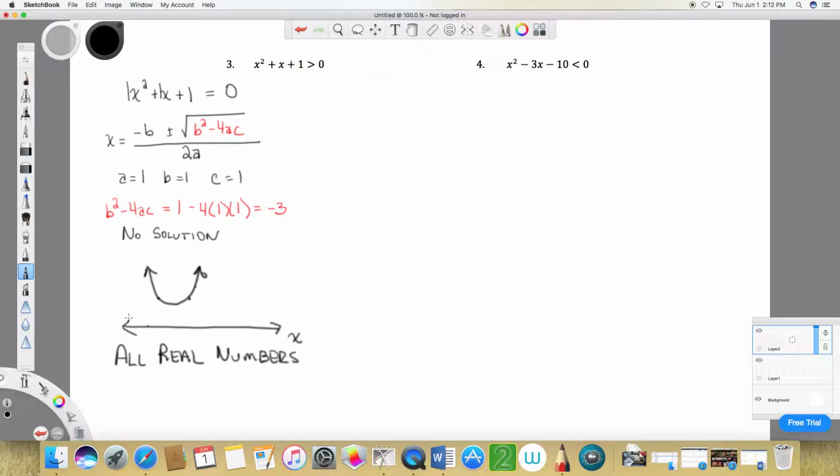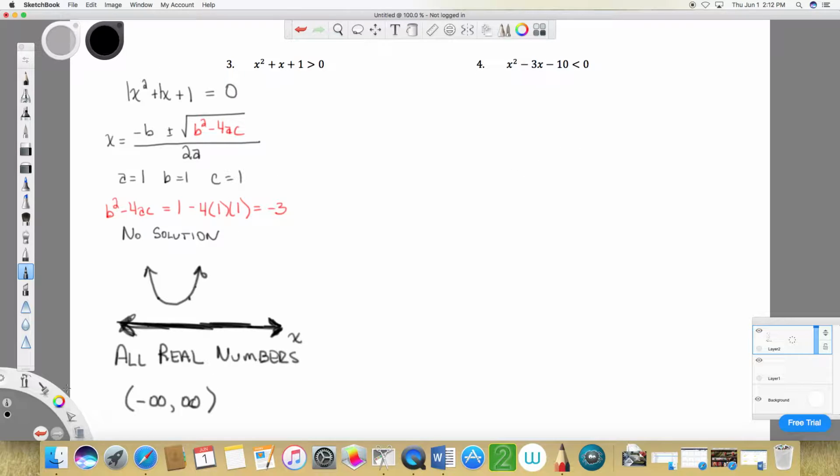Any number that you pick on this number line is going to result in a number that's positive. It's never going to be 0. It's never going to be negative. It is going to be a positive number. It is going to be above the x-axis. Our solution set to this inequality is all real numbers, from negative infinity out to positive infinity. So I hope that helps on that one.